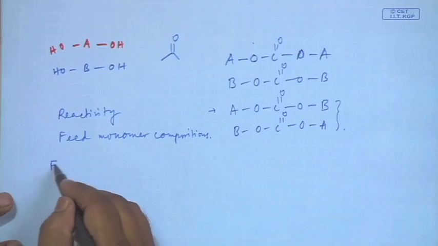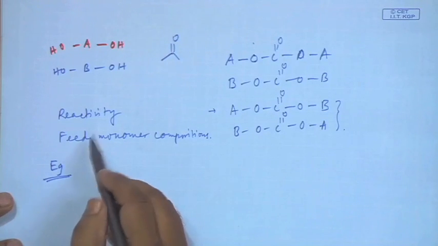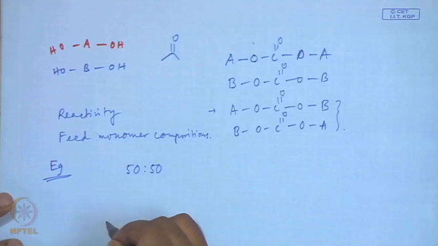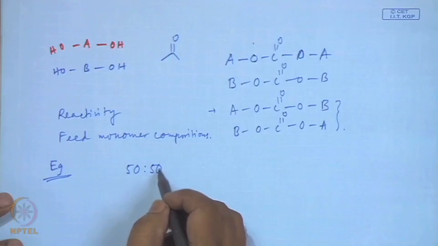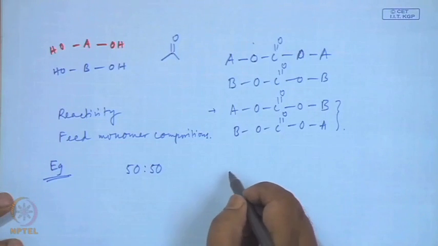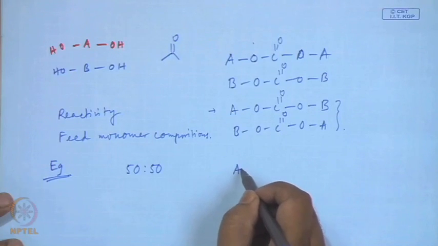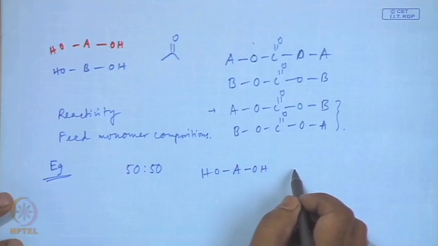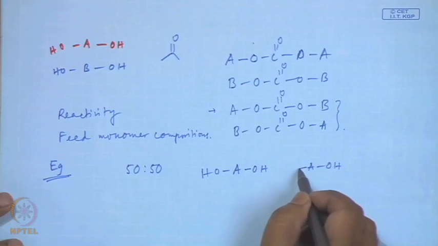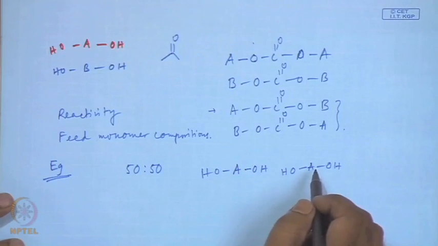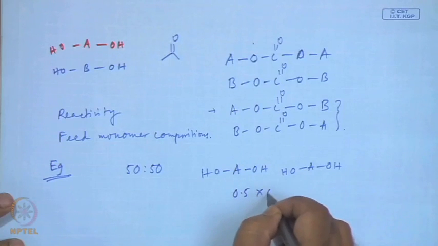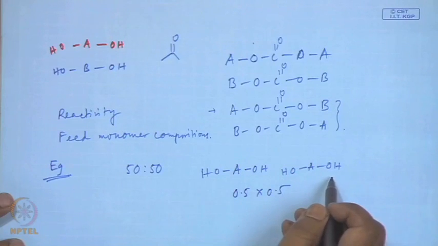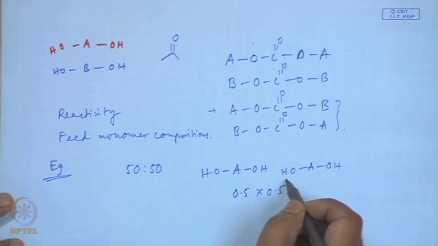Now, if we first assume that the reactivity of these 2 monomers is the same, and I take a 50-50 ratio of feed monomer composition by mole percent, then the chance that an AOH will react with another AOH to form a carbonate is 0.5 times 0.5, because 50% of these bisphenols are of this type.